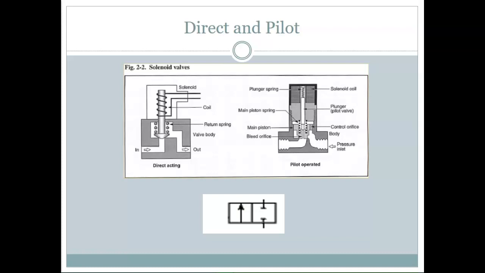Does that make sense? That's pilot operated, meaning that it's an automatic thing. It's not something that we'll have full control over. You don't come up and press a button or flip a switch. This is made to be its own device. It will trigger on its own whenever it's needed. Okay?